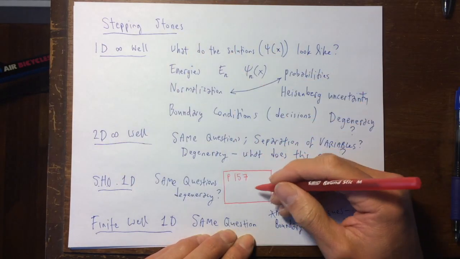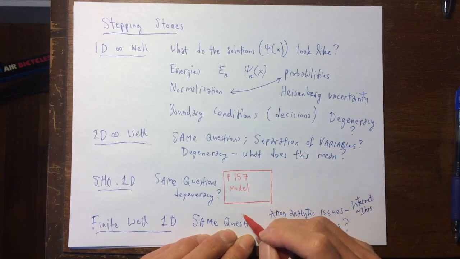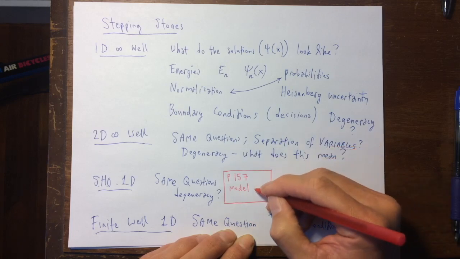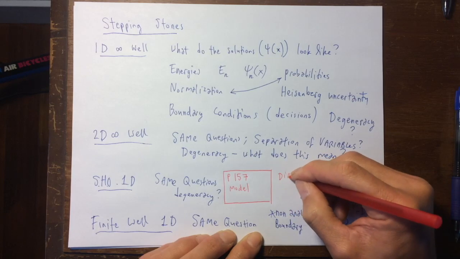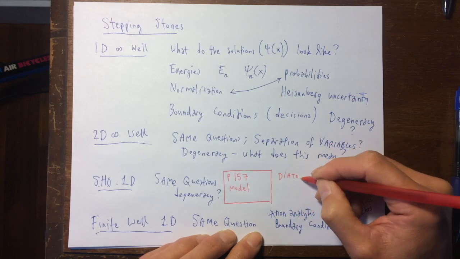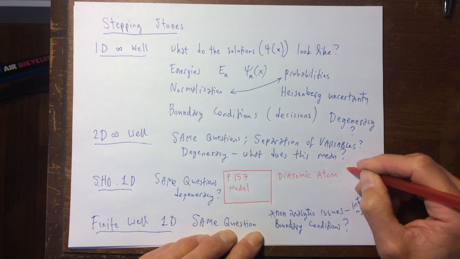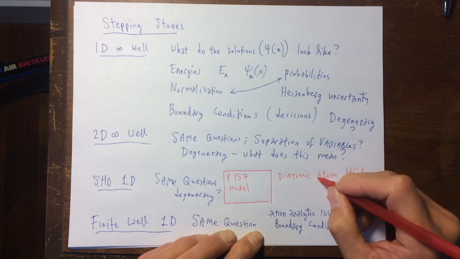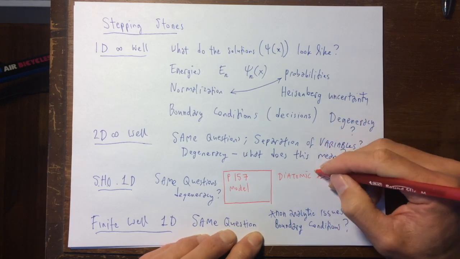It's about the simple harmonic oscillator and how it's used to think about modeling a diatomic molecule. It describes something really cool about hydrogen chloride. It's a diatomic molecule.